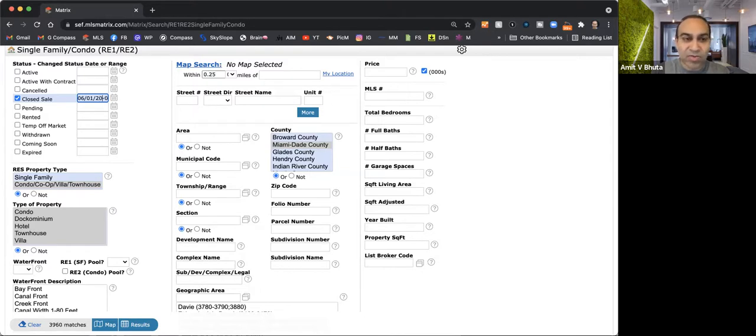And let's go to June of last year. Only 5. What a difference. Huge, huge difference. So the last thing I'm going to do is combine both of them. Single family homes, condos, just check all the properties.